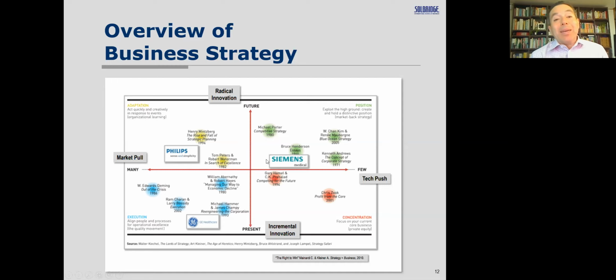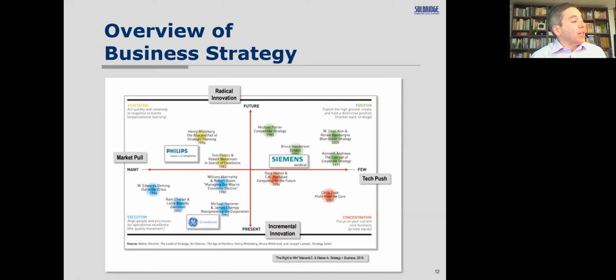If we look at some big conglomerates that you're familiar with, Siemens, the German company, is very technology driven. That would be approximately here. GE Healthcare is very focused on the market and execution. You might have heard about Six Sigma or product excellence and manufacturing excellence. And GE Healthcare actually helped push that business approach very substantially.